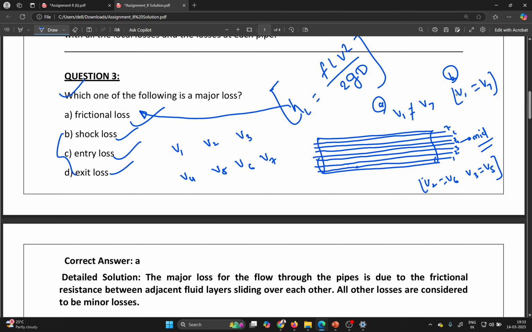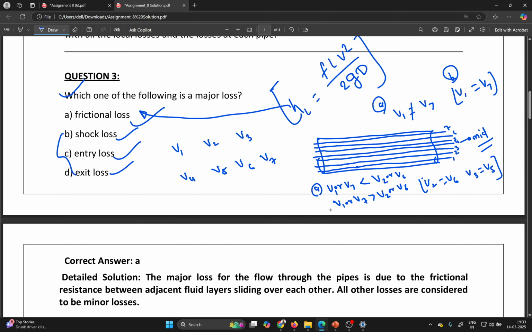But just remember, V1 or V7 is less than V2 or V6, so V7 is less than V2 or V6.